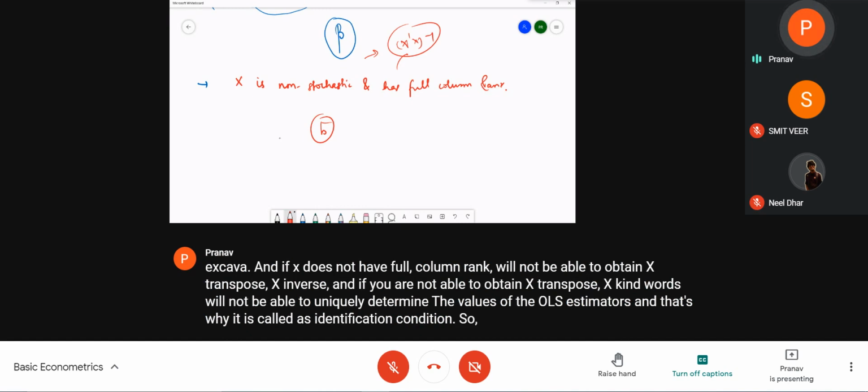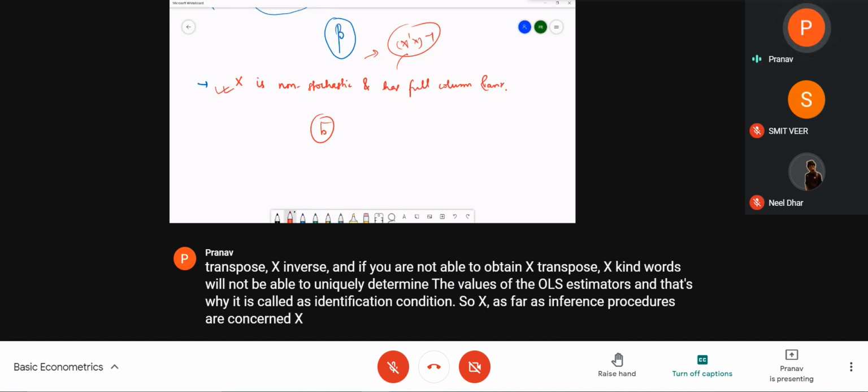So X, as far as inference procedures are concerned, X is assumed to be non-stochastic and it has full column rank.